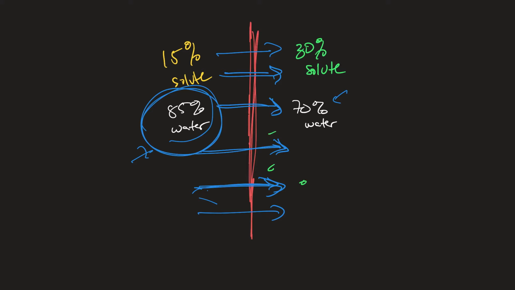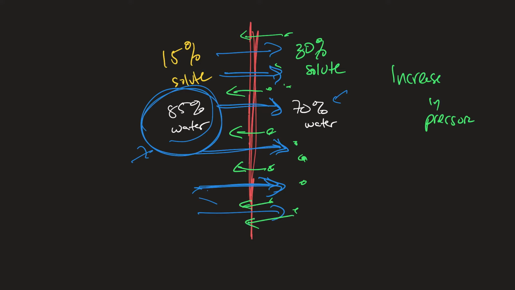It's going to collide more with the solutes that are here, causing an increase in pressure to the point where, due to the increase of the pressure, the solutes will start moving across the membrane, right? And this will continue to take place until reaching equilibrium between the movement of water back and forth. All right, and so it's going to push this way. All right, and this increase of pressure, we call this osmotic pressure.